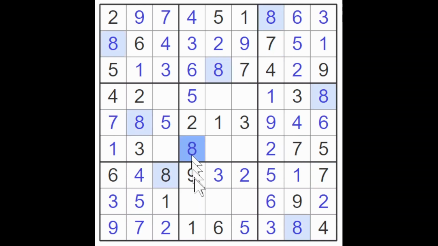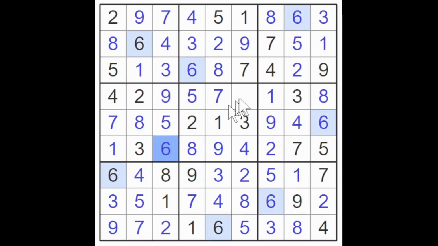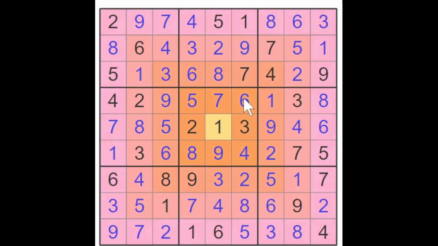So the 8 goes here and the 7 here, and that puts a 7 here and an 8 here, making this a 4 and this as well. This cell now must be a 9, making this a 9 and this a 6 and this a 6.